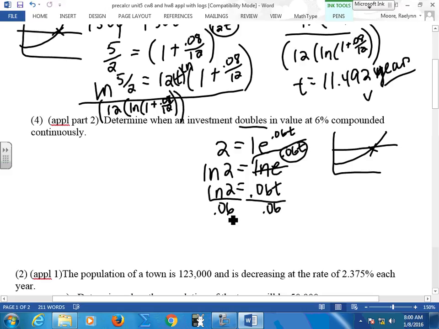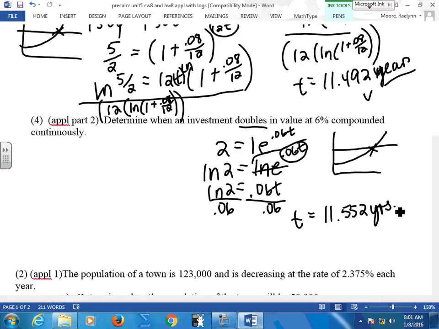That's probably even easier than doing an exponent on the graph, right? And what did you get for t? 11.552 years. Thank you. Which is the same thing we did when we solved it graphically.